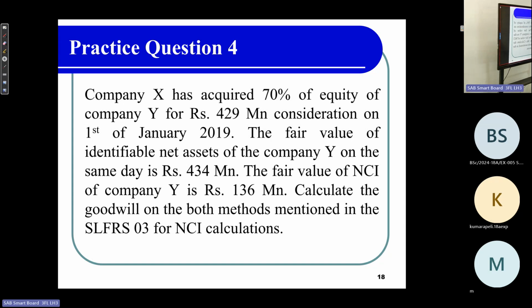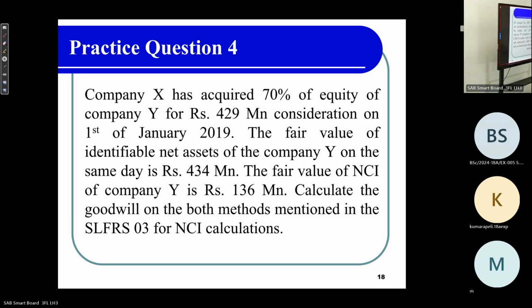The question: Company X has acquired 70% of equity of company Y for 429 million consideration on 1st of January 2019. The fair value of the identifiable net assets of company Y is 334. Fair value of NCI is 136, calculated using both methods mentioned in SLFRS 3.